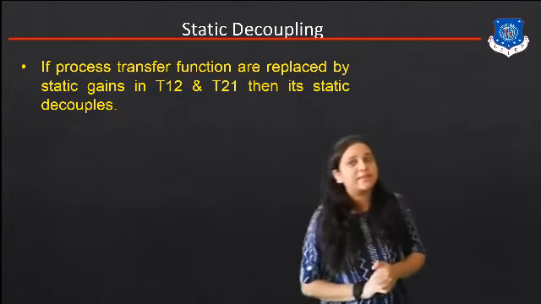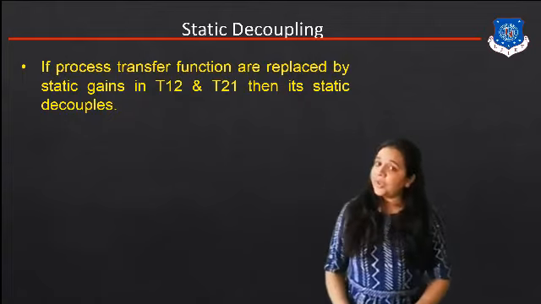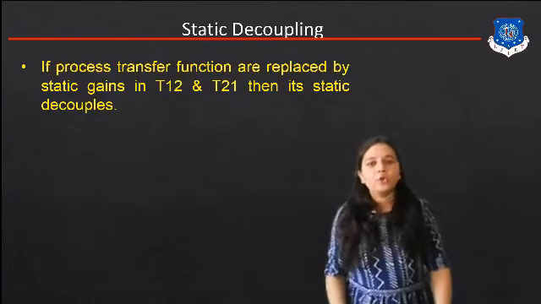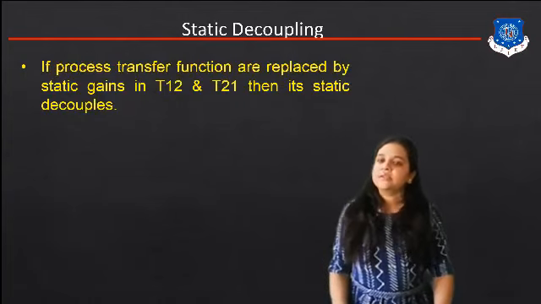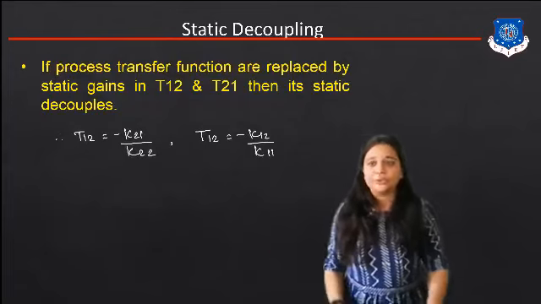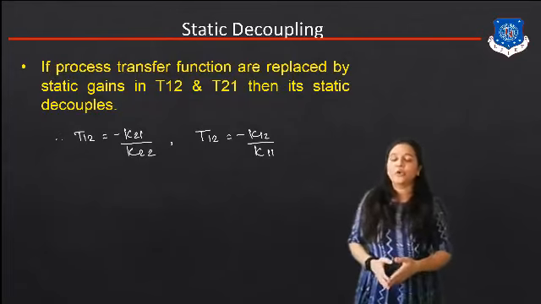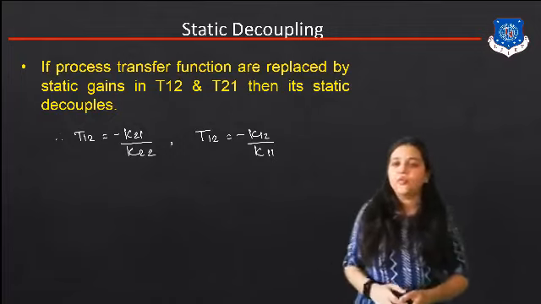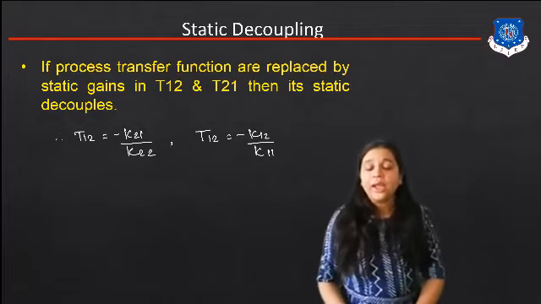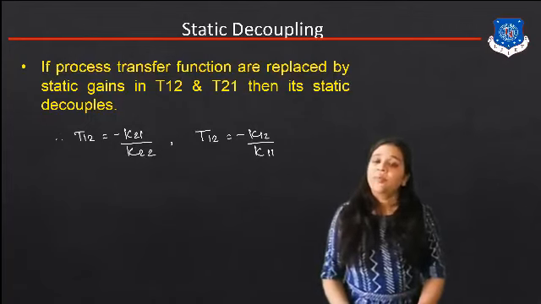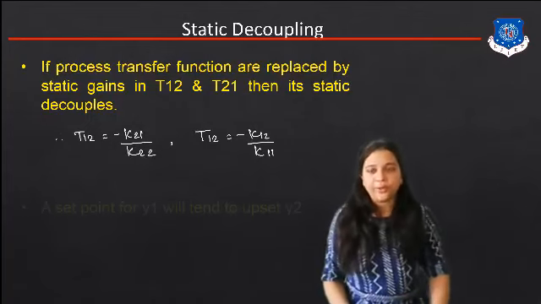If the process transfer functions are replaced by the static gain in T12 and T21, then it is the static decoupler. So the T21 that we found earlier is equal to minus K21 upon K22, and T12 is equal to minus K12 upon K11.